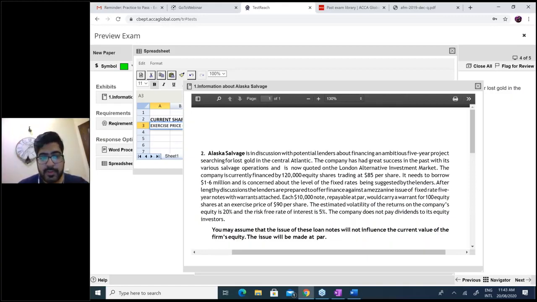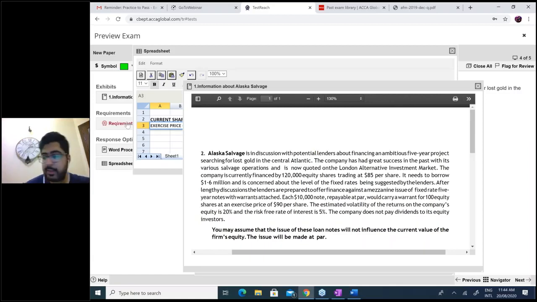It needs to borrow 1.6 billion and is concerned about the level of fixed rates being suggested by lenders. Each $100 loan note repayable at par would carry a warrant for 100 shares at an exercise price of $90 per share. So the exercise price is 90 per share. You are given the volatility, that's 20%, and the risk-free rate is 5%. The company does not pay dividends.